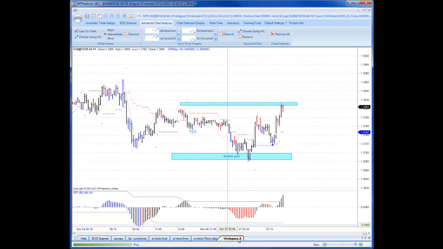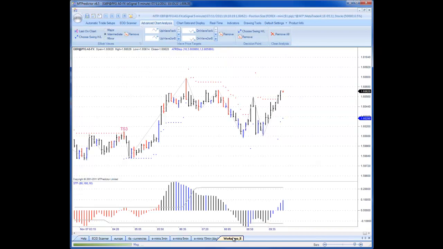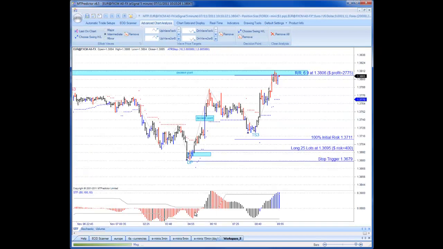Again, it's like stabilizers. People obviously say to me, if I suggest ignoring the STF, why do we have it on there? Well, the reason we have it on there is for the newer traders among you. Again, it's like stabilizers, to have an easy to understand system for allowing you to get into trades that most of the time will keep you in the direction of the larger degree trend.